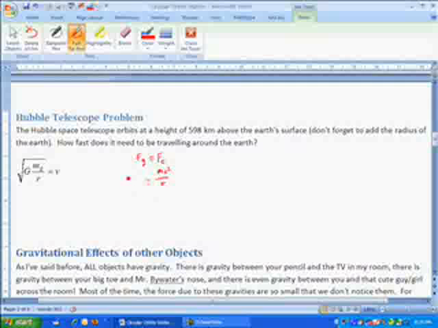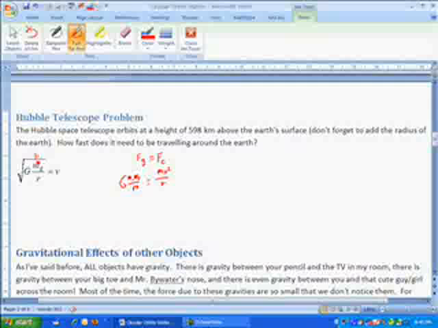And Newton's gravitational law says that the force of gravity is equal to G m1 m2 over r squared. And so therefore we can simplify, we cancel one of the r's, we cancel one of the m's. Basically we simplify it to be this equation right here, which we're going to use for the next two.